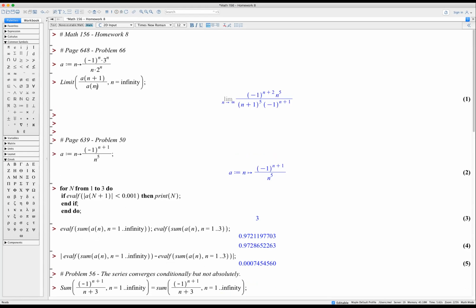So when I write limit with a capital L, it just states the problem. So I need to use a lowercase l. And this limit, I should be taking the absolute value.